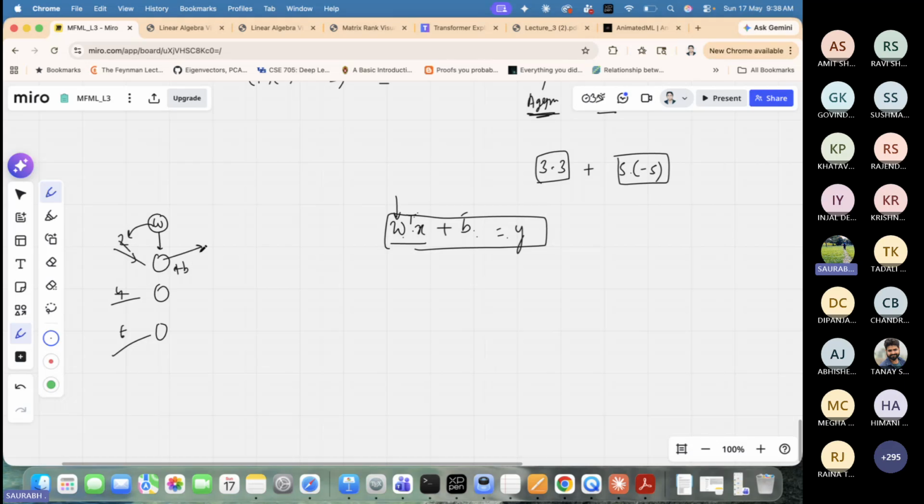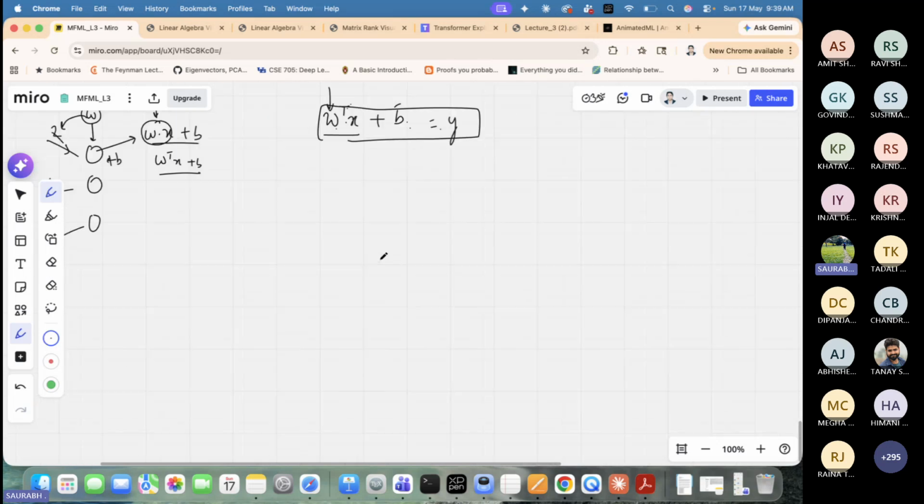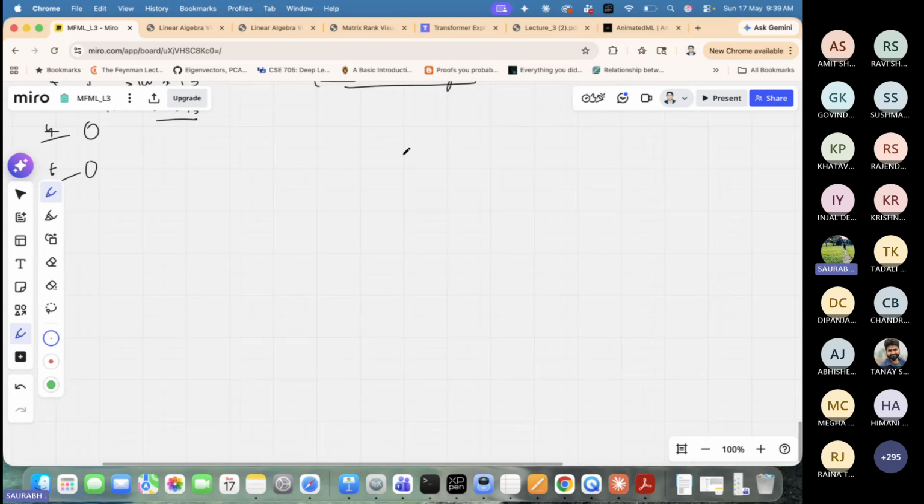So in neural networks also you are doing the same maths, W dot X plus B, or W transpose X plus B. In linear regression you are doing the same thing, in neural networks you are doing the same thing. That's why I said dot products are what you will be seeing all across ML, everywhere.